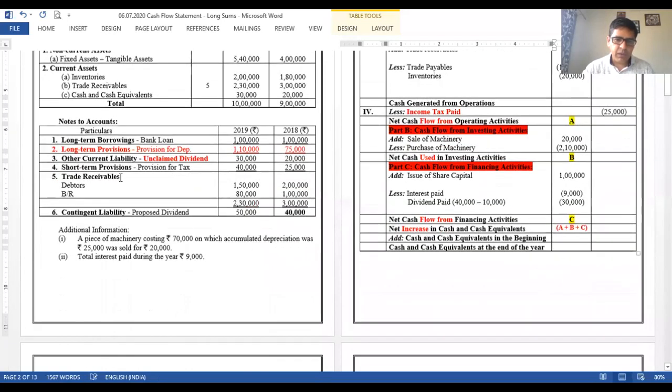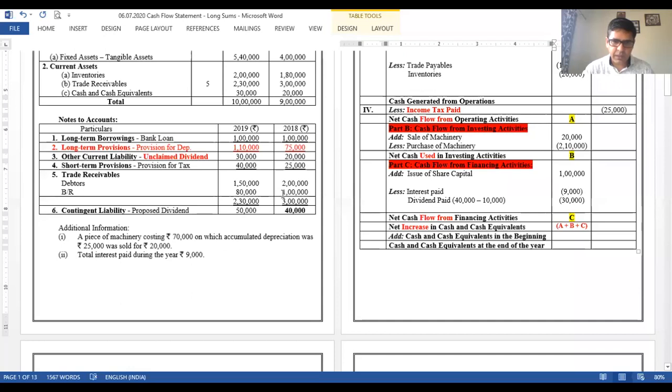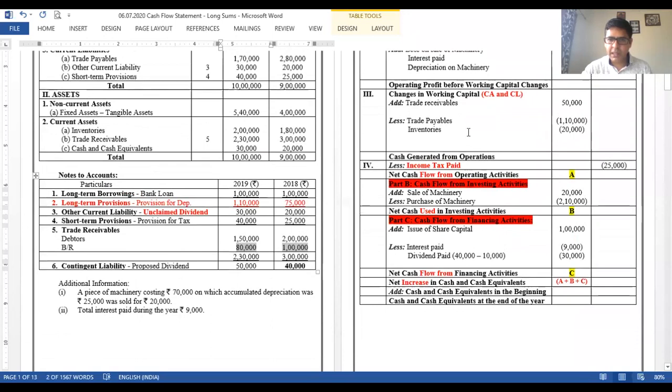Bills receivable has also decreased from 1 lakh to 80,000, right? If bill receivable has decreased, again it indicates that the cash has been received. So the same place again, working capital to be added, bills receivable amount is 20,000.